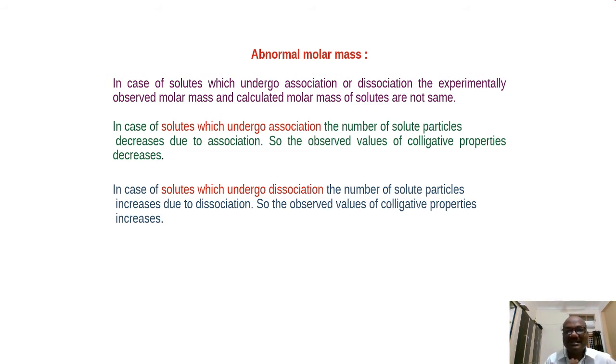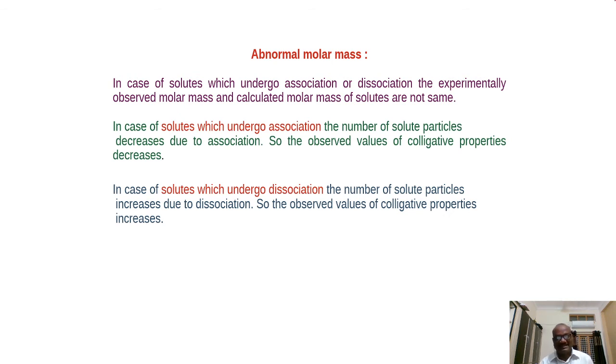It will be less than 58.5 because NaCl is undergoing dissociation. The actual calculated molecular weight of NaCl is 58.5, but we observe less than that. This observed molecular weight, which is different from the actual molecular weight, is called abnormal molar mass.